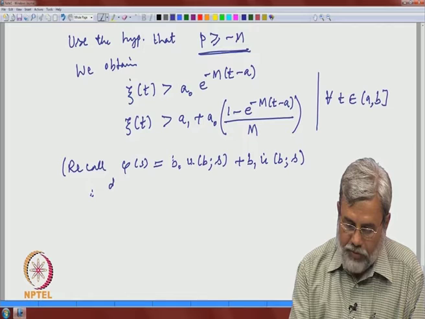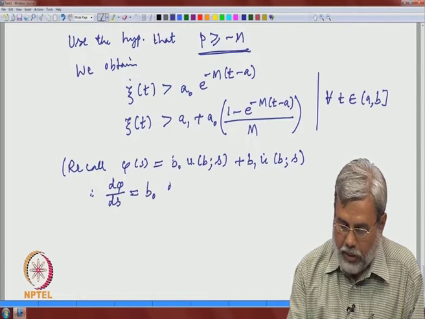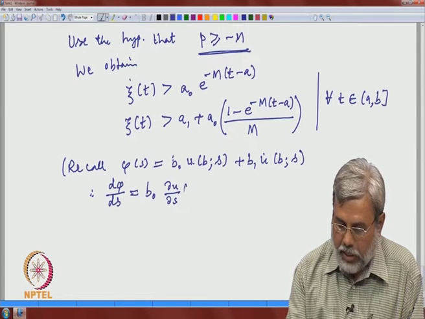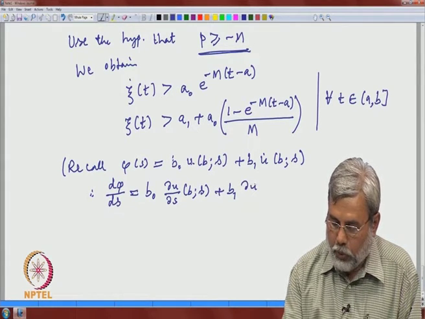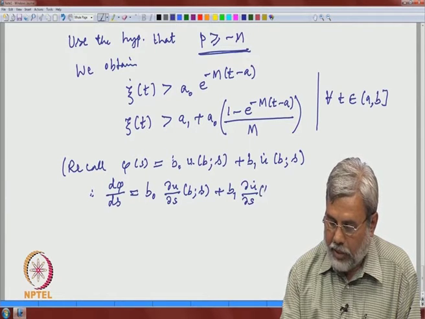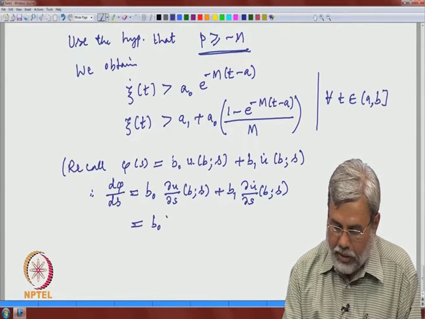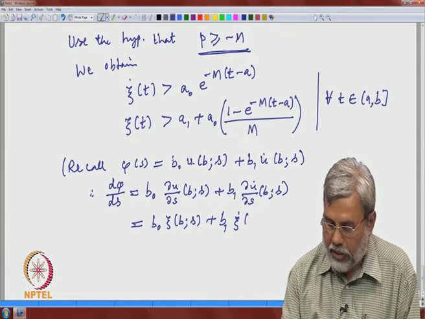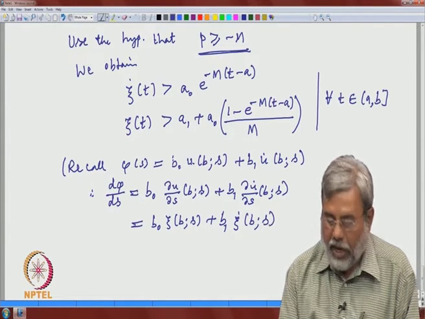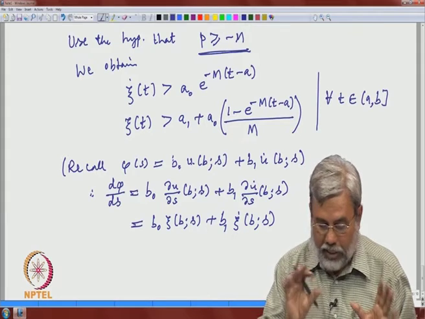Therefore, d phi by d s is just b0 d u by d s at bs plus b1 d u dot by d s at bs, and by our notation this is nothing but j of bs plus b1 j dot at bs. And our aim is to show that d phi by d s is bounded away from 0. You remember that.